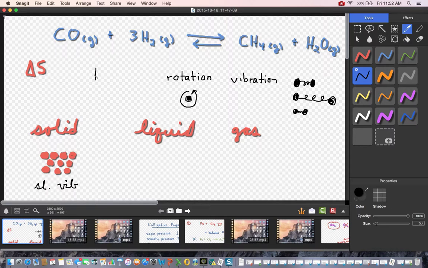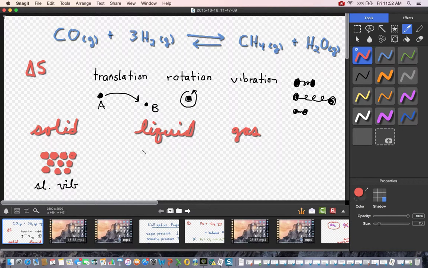Finally, there's translation. Translation is probably the motion we're most familiar with. It's really just moving from point A to point B. So if I have an atom at point A and that atom moves to point B, that atom has translated from A to B. There is no rotation, there is no translation for any element, atom, or molecule in the solid phase and also in the liquid phase.